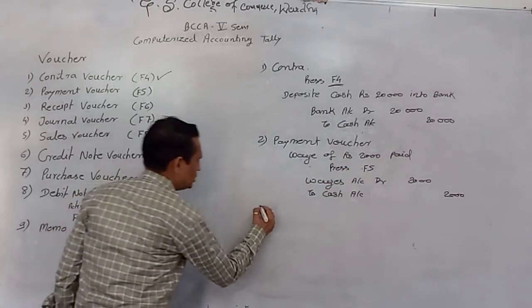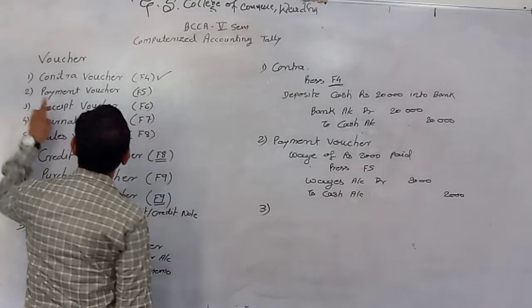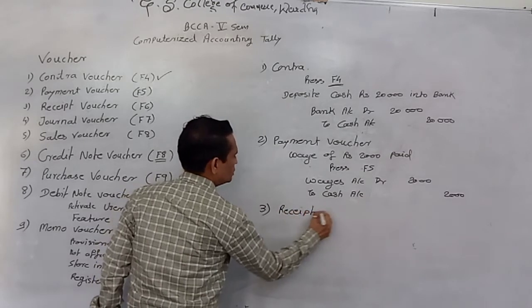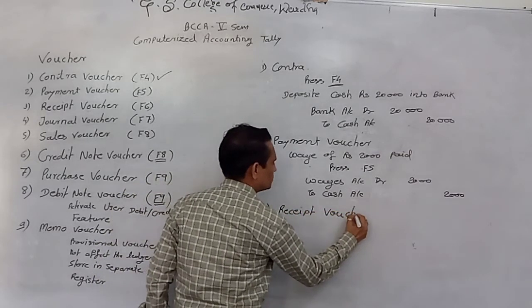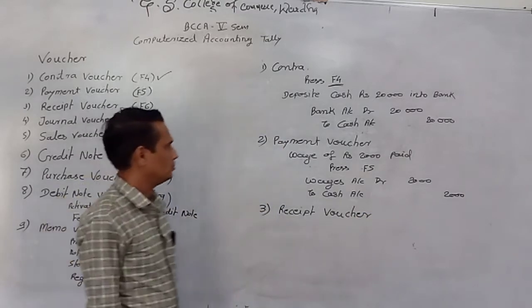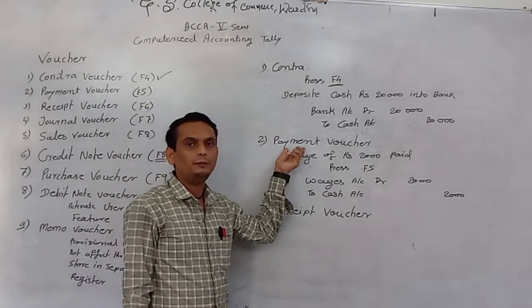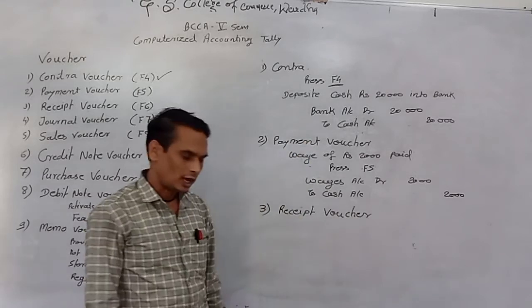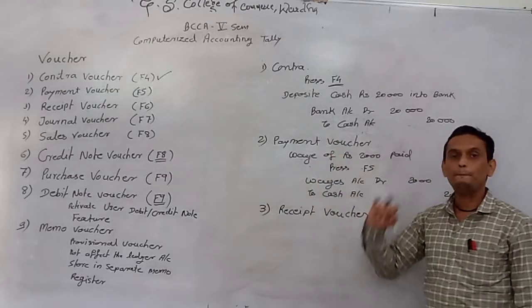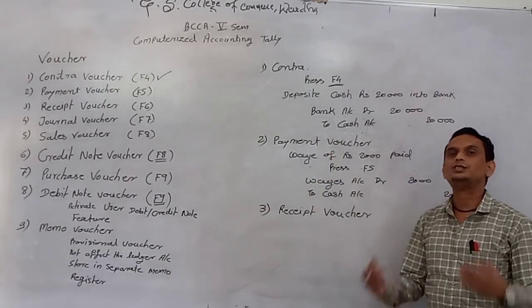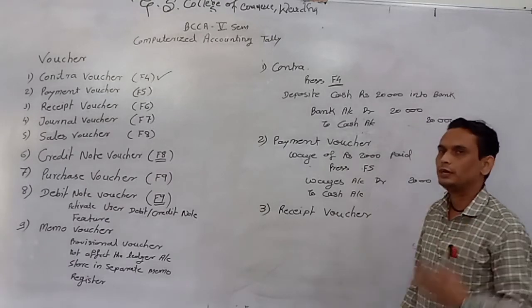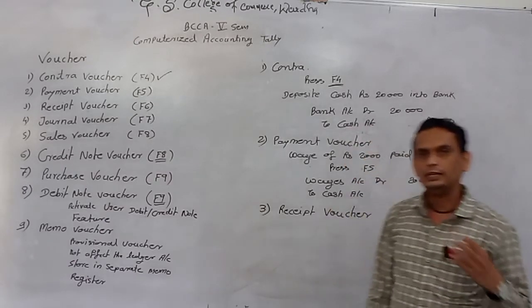Number three voucher is the receipt voucher. Just like we make a payment voucher when a business has to pay something, sometimes we receive from other parties some value, cash or bank, any type of receipt.